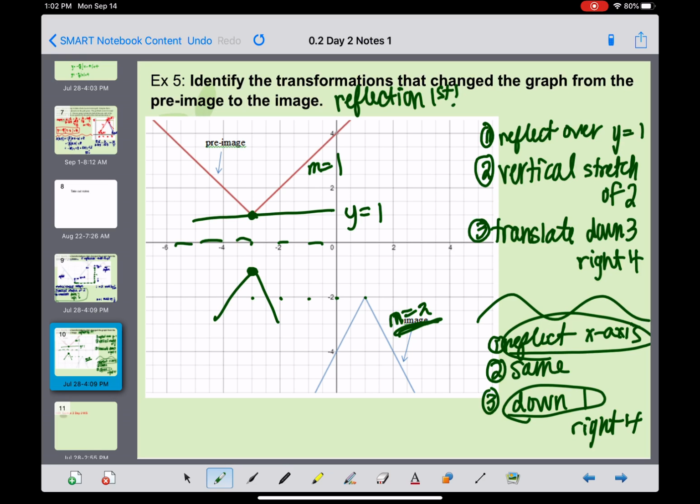I know that that can get confusing, so just remember that if the vertex is not on the x-axis already, okay, it's going to move. It's going to change location if you reflect over the x-axis. So to keep it from moving, you can reflect over the line that goes through the vertex, the y-coordinate of the vertex. Okay, let me know if you have any questions.